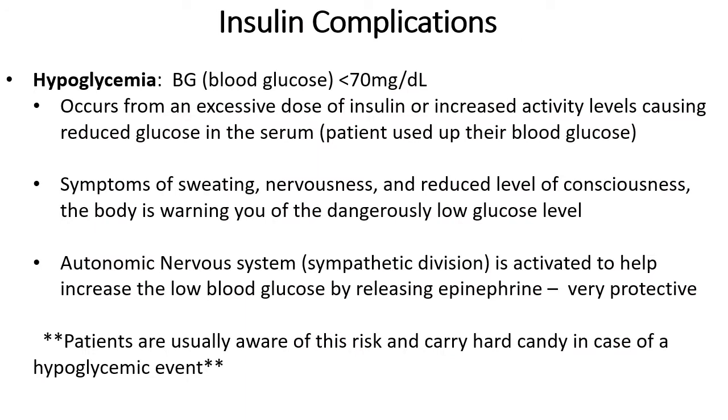Okay, so let's just talk about insulin a bit. So a type 1 diabetic is dependent on insulin shots, right? They can't take pills to treat their diabetes. They need insulin replacement, okay? So what can happen with insulin replacement?